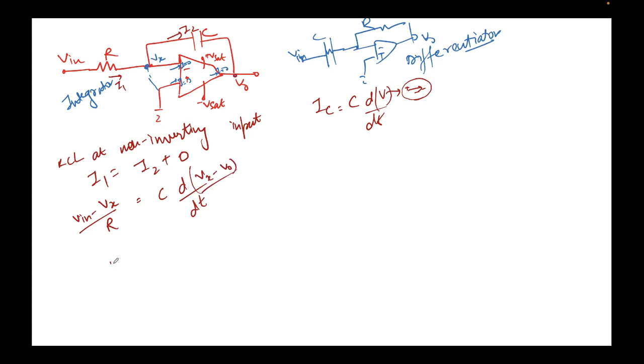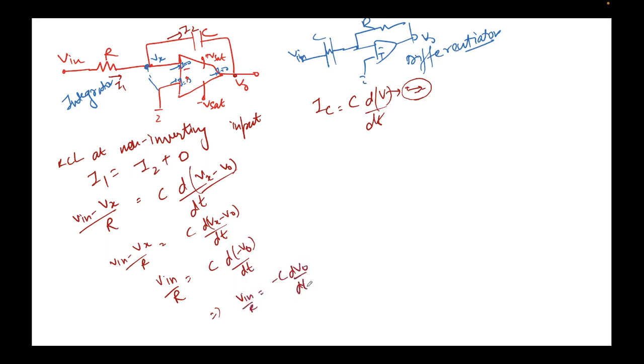Okay, so I get (Vin minus Vx) upon R equals C d(Vx minus V0) by dt. So Vx is 0 here due to virtual short condition, so I can simply say Vin divided by R, this goes 0, minus dV0 over dt. So this will get Vin over R equal to minus C dV0 by dt.